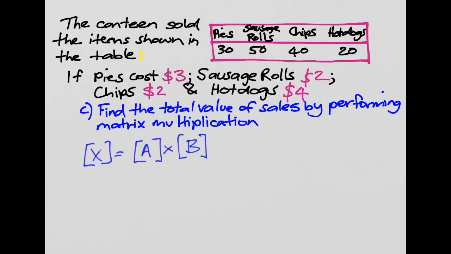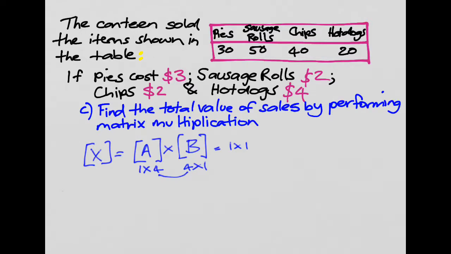Now let's just check what order x would be. If A is 1 by 4 and B is 4 by 1 because it's a column matrix, it's defined, and the final answer is a 1 by 1.